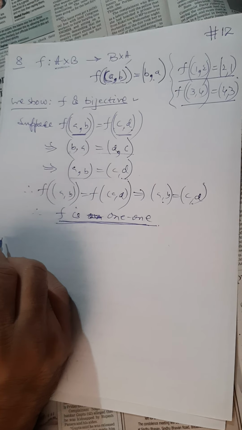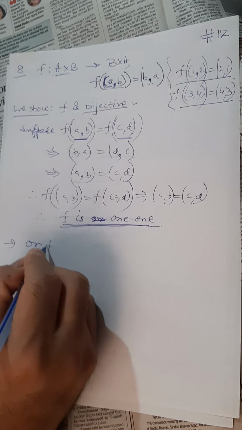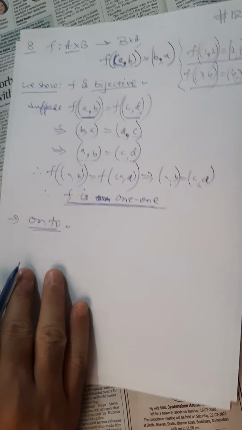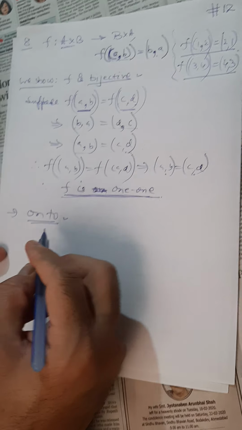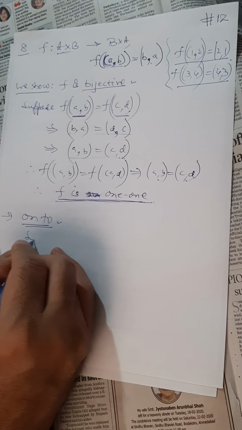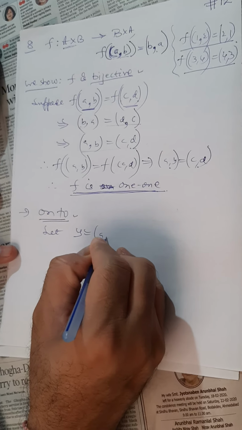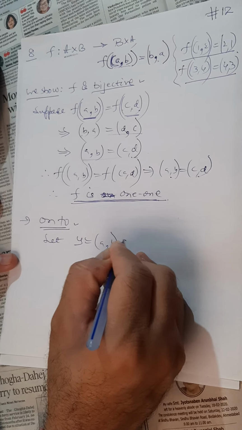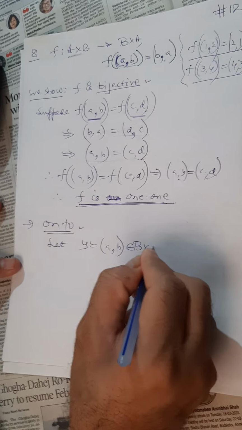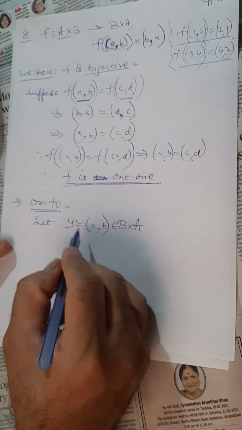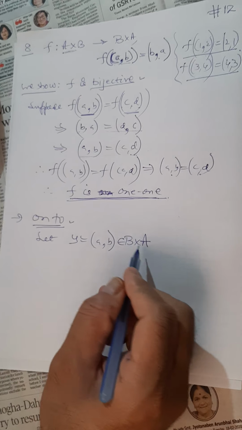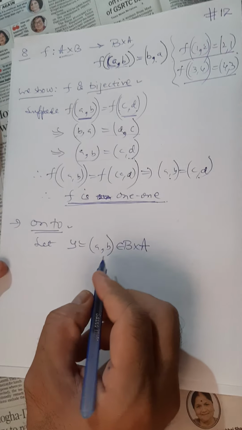For the onto part, the second one, for ontoness, I'll give that general proof. So let's take one member y equals, for example, (A, B) from the codomain, that is B cross A. I've taken one ordered pair from the codomain.